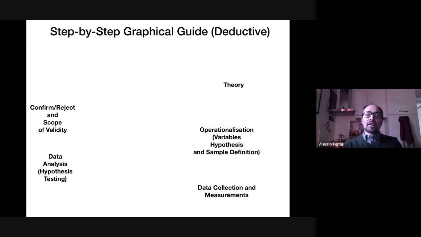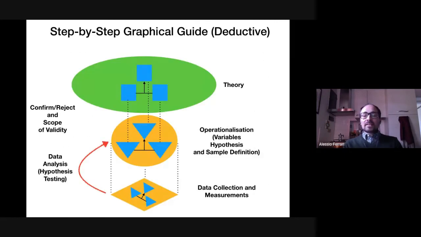At this point, having my data, I can test whether my hypothesis holds. Given my data, I check: is this hypothesis true or not? I can confirm or reject the hypothesis, and therefore support or not support my theory. And I can identify my scope of validity.